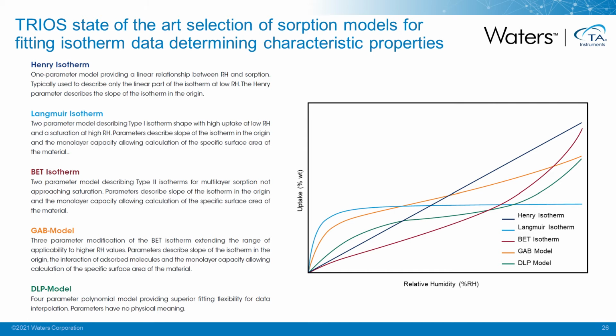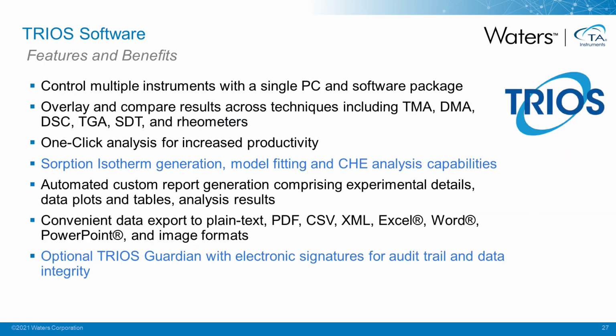There are five particular models we can use to analyze the data here. The Henry isotherm, which is more of a linear type of fit. Langmuir, which is very popular among porous materials. BET and GAB, which are very popular in the food and pharmaceutical industries. And then we just have a free parameter model called the DLP model. So the ability to take SA data and fit it to various types of curves is available within our TRIOS package.